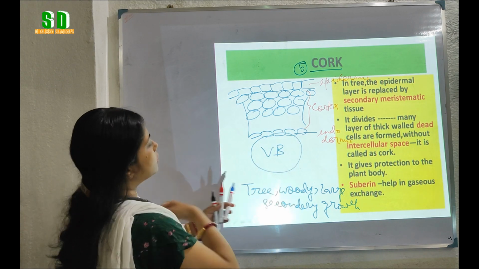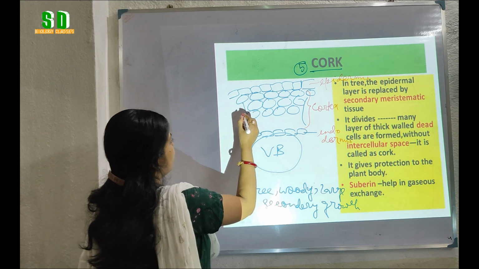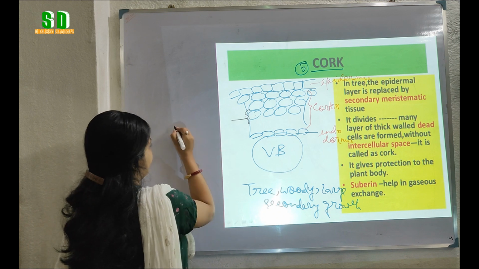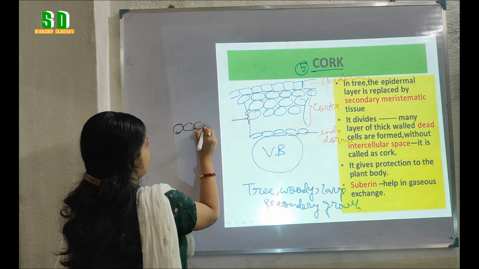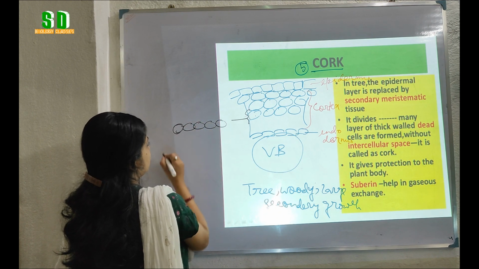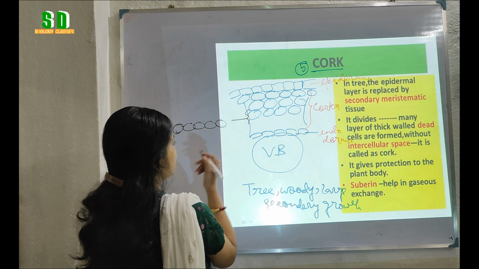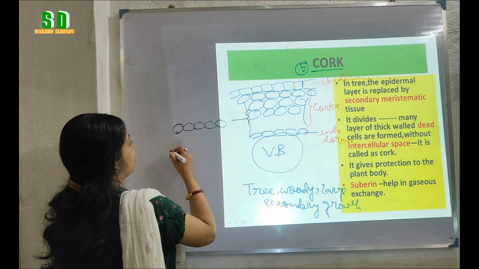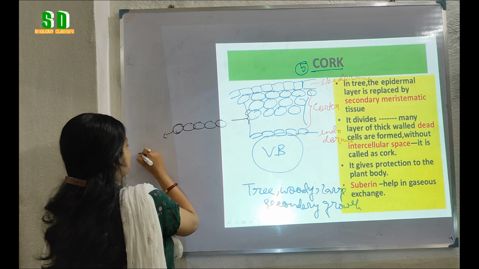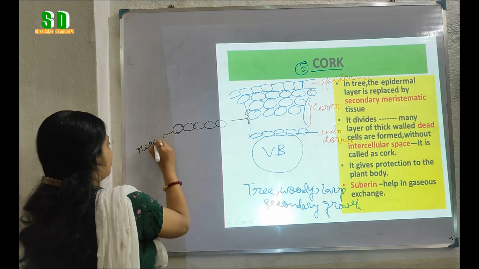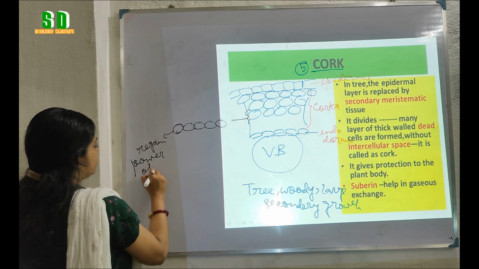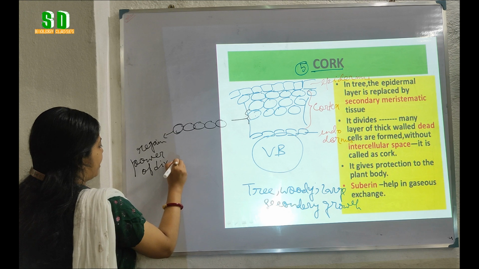Now what happens during the formation of the cork? If we consider a single layer of the cortex, we can see that it is made up of parenchymatous tissue. That means usually they do not have meristematic activity, but they regain the power of division and divide.